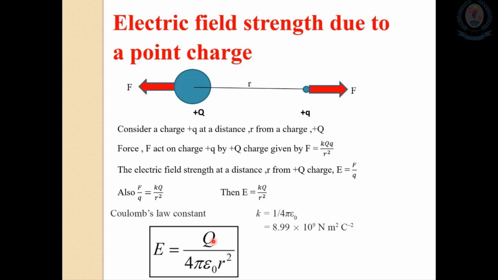The electric field strength at a distance r will be given by this relationship, so you can use it to find the electric field strength at a distance r from a point charge.